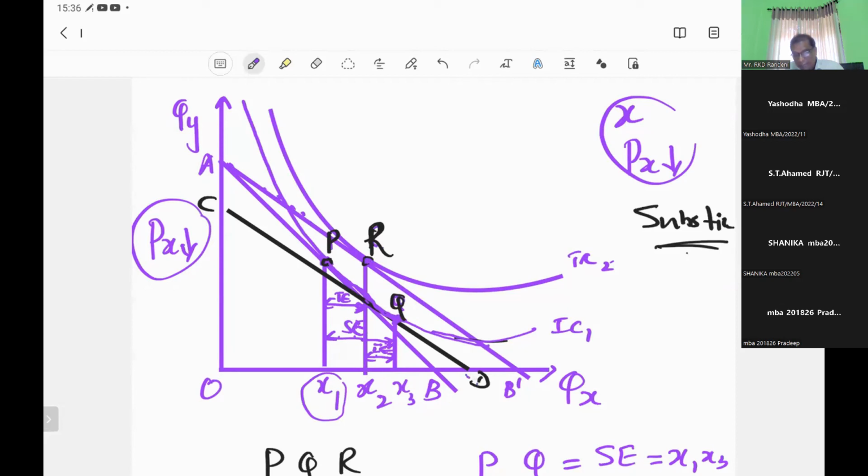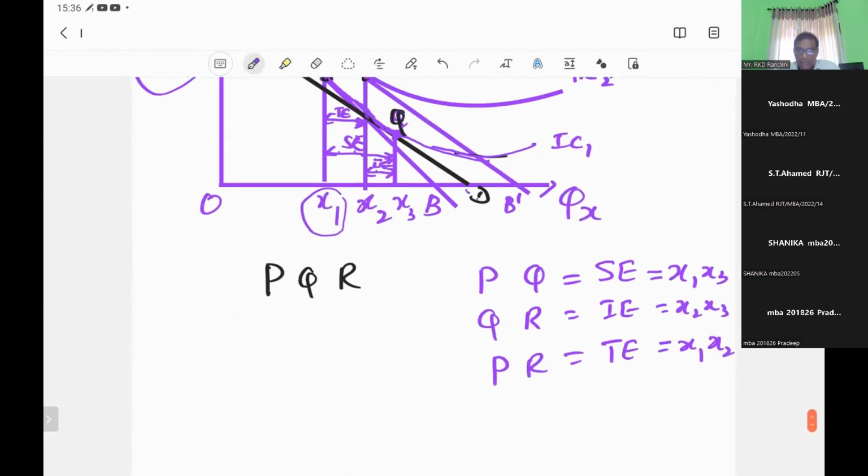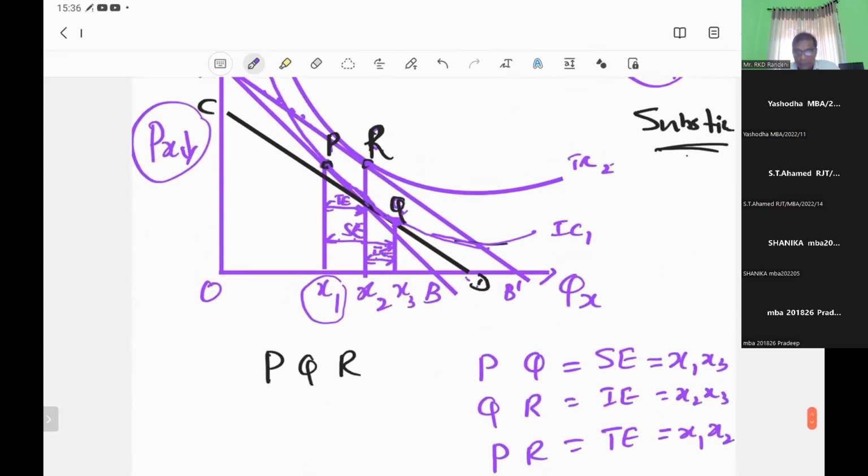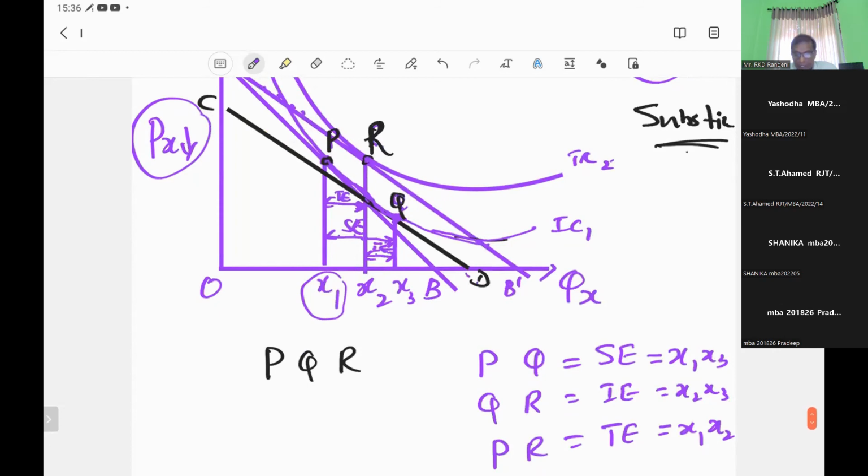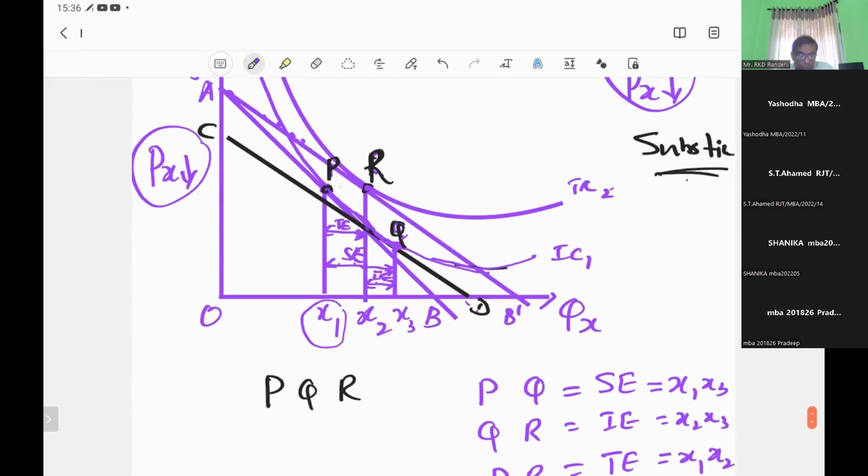CD is the line parallel to the new budget line AB dash. Then you can find the point Q. According to the P, Q, R points, you can separate the two effects, income and substitution effect, through the indifference curve.